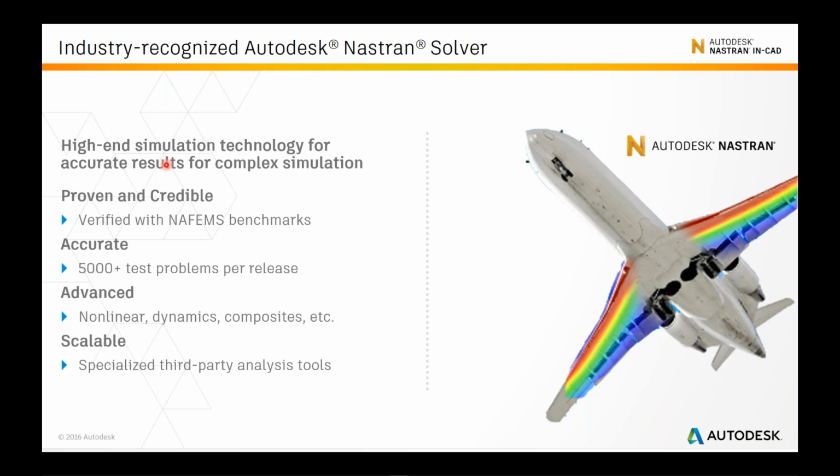Nastran has always been proving with every release that the solution remains committed to accuracy and the best of results. With every release, we test more than 5,000 test problems, which could be advanced ones like non-linear, dynamic, or composite, etc. And as I said, these solutions come in a scalable form.